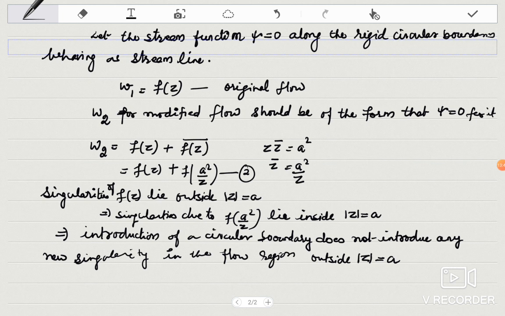That means your flow will not be disturbed. So it is all about the circle theorem.